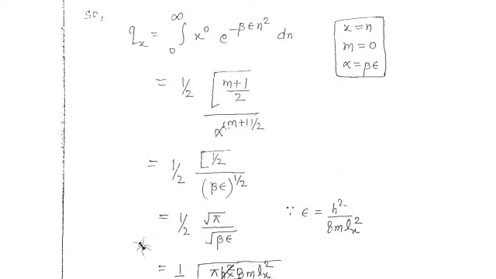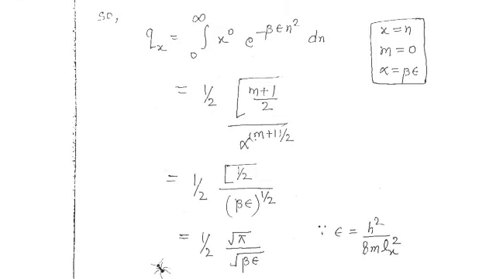Now we are going to put the values, applying what we did in the Gaussian integral. The x to the power m will be x to the power 0, because x to the power 0 equals 1.